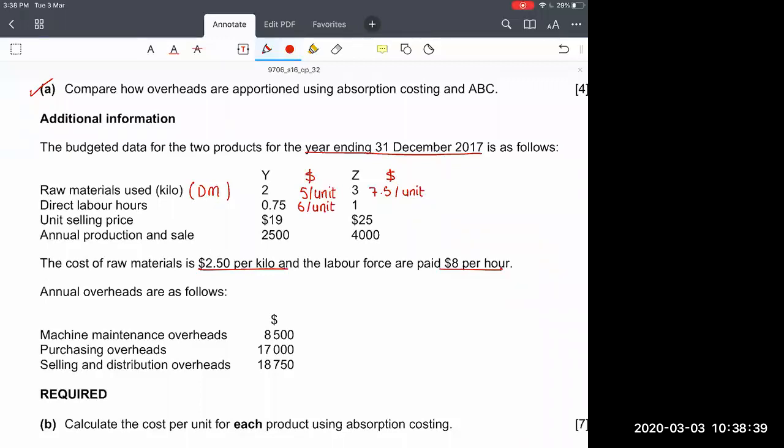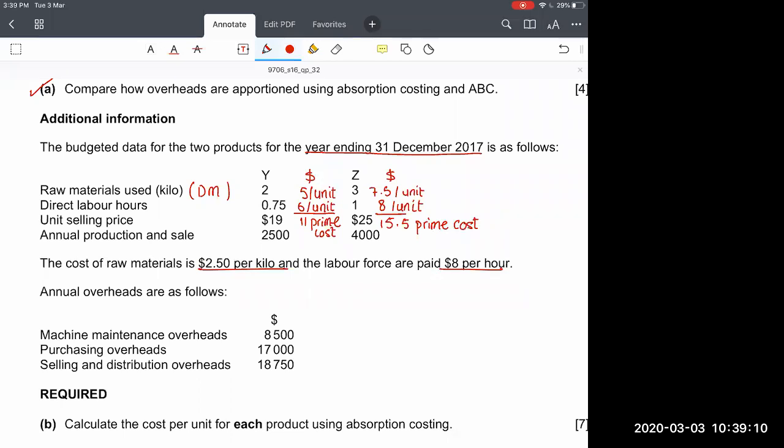And over here, 8 into 1, it's 8 per unit. So 6 plus 5, 11 is the prime cost or direct cost of product Y, right? And for product Z, it's 7.5 plus 8, that is 15.5. These are the prime costs, the sum of all the direct costs.